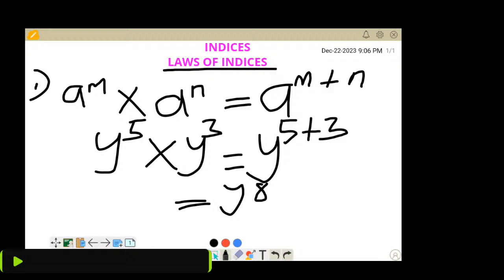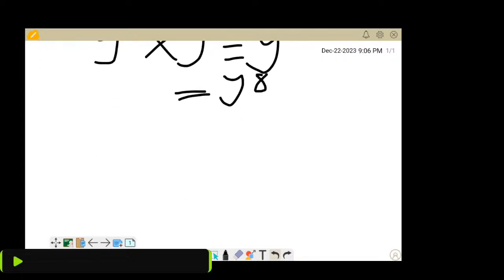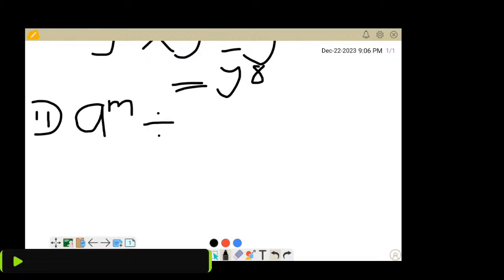And the second part of this, because this one is talking about power relationship, and we have it in 3 different patterns. The second part is when we have a division. Let's say we have a raised to power m divided by a raised to power n.